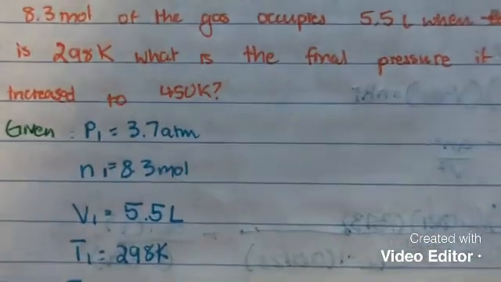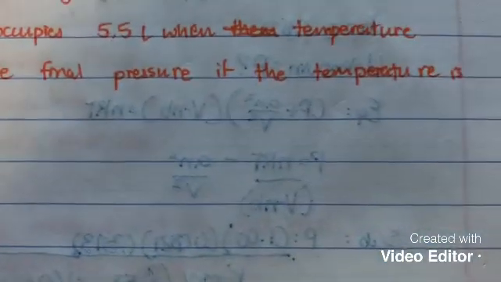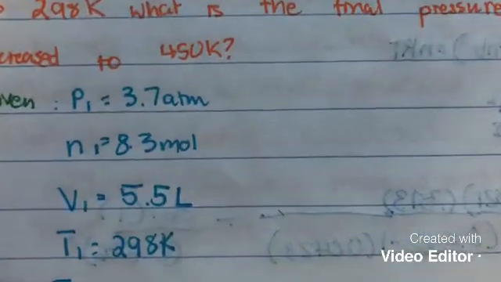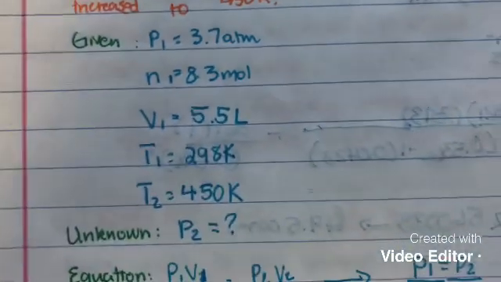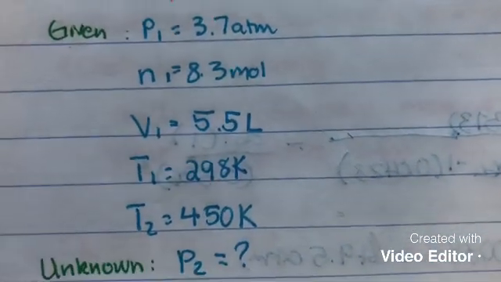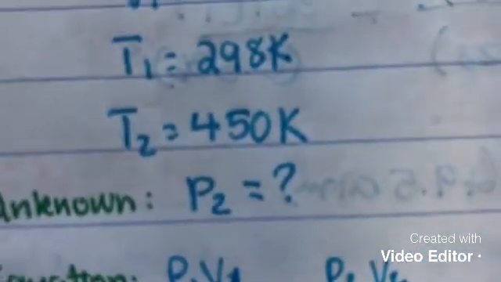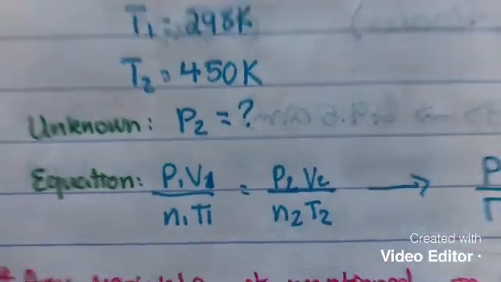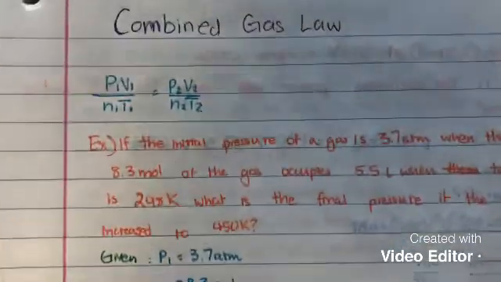And we can see that in the question, what is the final pressure if the temperature is 450 K? And we know that 450 K is very important because this is the final temperature, so we need that definitely. And the equation for it is as shown above, which is pretty much the same.